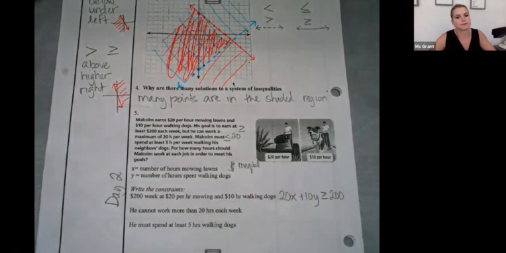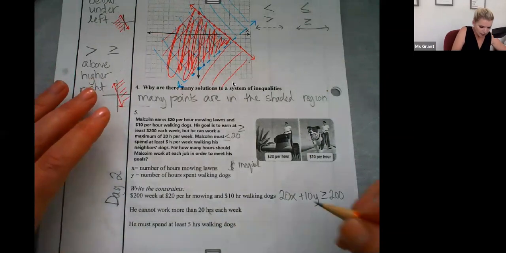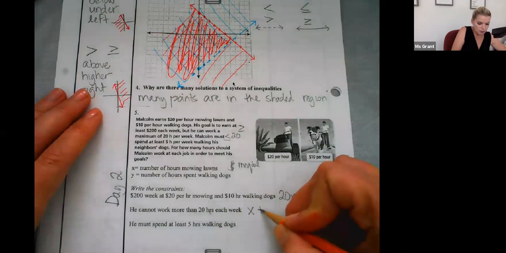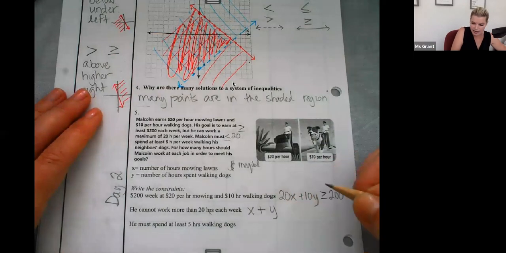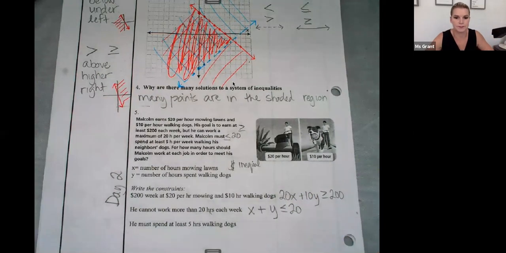Then it says he cannot work more than 20 hours a week. He cannot work more than this. So he needs to work less than or equal to 20 hours, right? So that's going to be his hours mowing lawns and his hours walking dogs has to be less than or equal to 20. Okay?